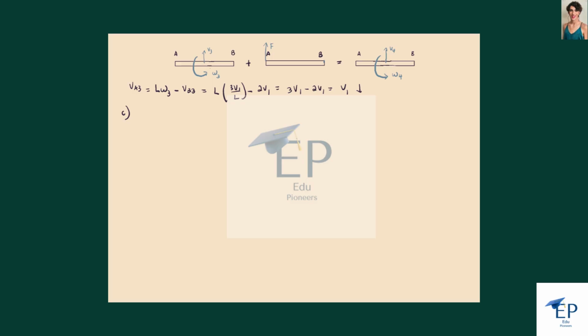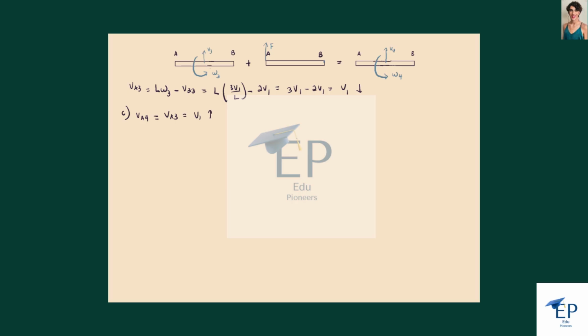This produces an impulse at point A. Then, the impact causes the rod to rotate with an angular velocity omega 4 and its mass center now moves with a velocity V4. When the rod hits point A, it bounces off and moves upward with a velocity VA4. And since, again, e is equal to 1, our coefficient of restitution is equal to 1, VA4 is equal to VA3, which is V1 directed upward.